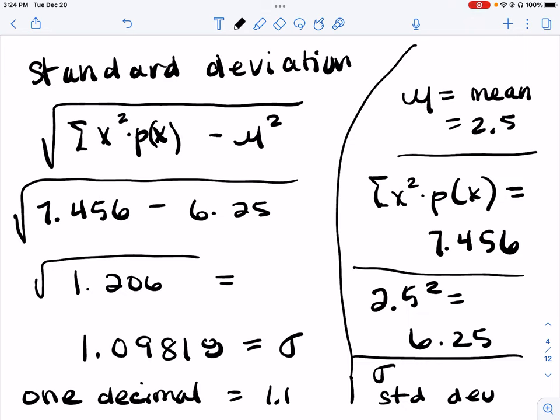The mean we found in the first part was 2.5. So 2.5 squared is 2.5 times 2.5, which is 6.25. So I plug those two numbers in, subtract, and take the square root. Okay, if it says round to 1 decimal, the first decimal is 0. To the right of 0 is a 9, which tells that 0 to round up to a 1.